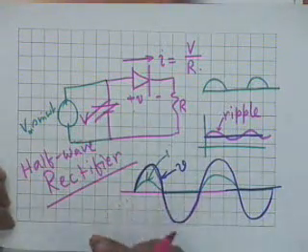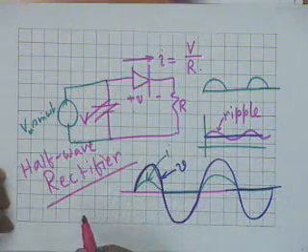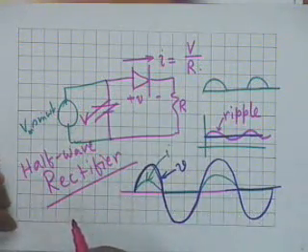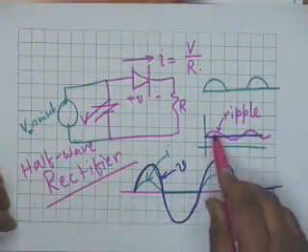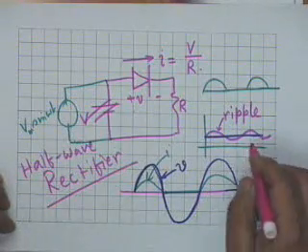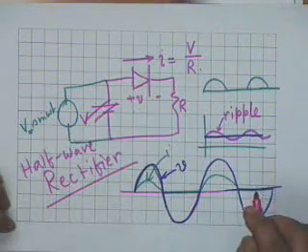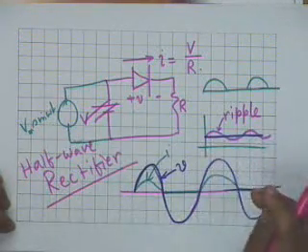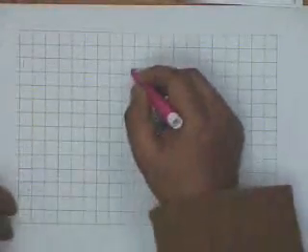Now a half wave rectifier converts an AC into a pulsating DC. There is a steady component upon which is superimposed an AC. We want to get rid of the AC, alright. If you want a pure DC, we want to get rid of the ripple, and this is done by a circuit known as a filter.